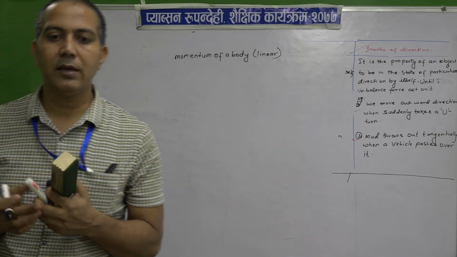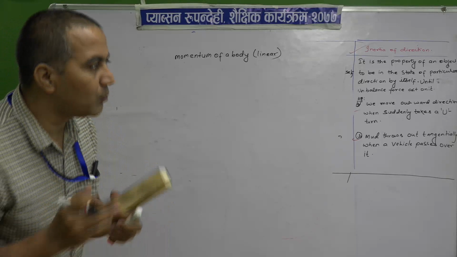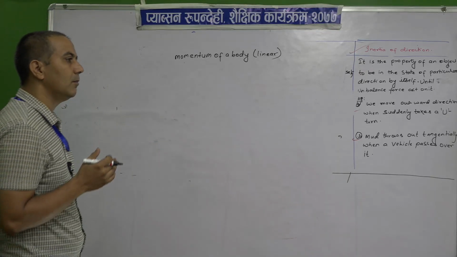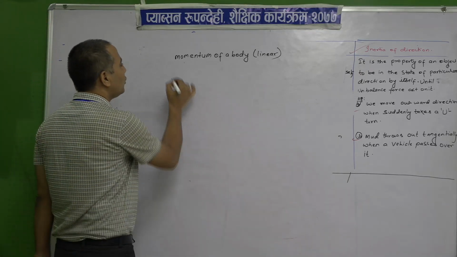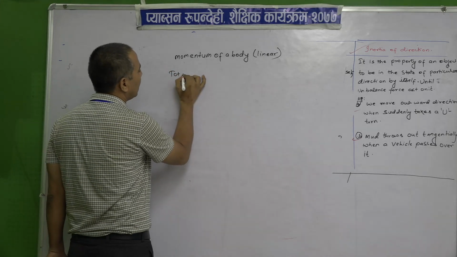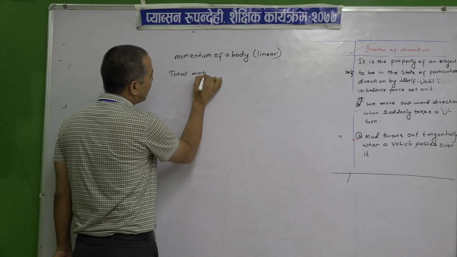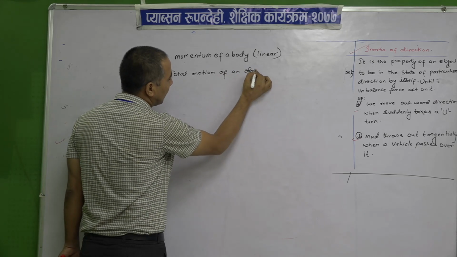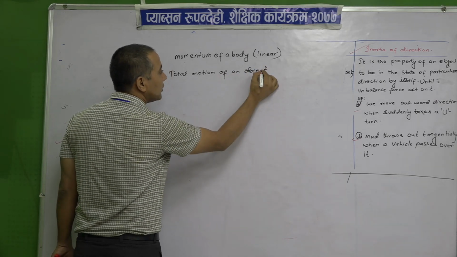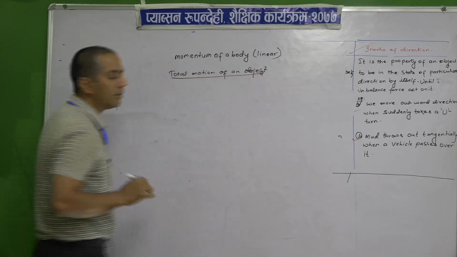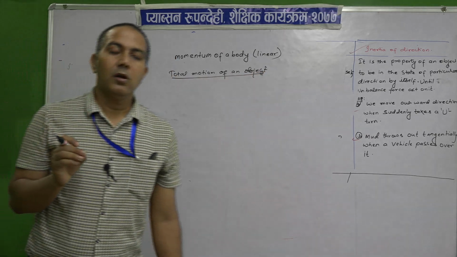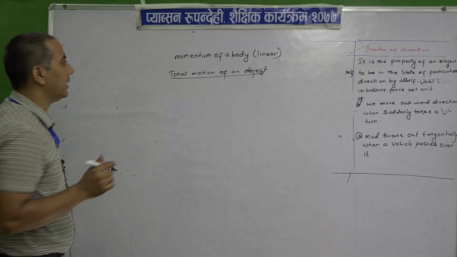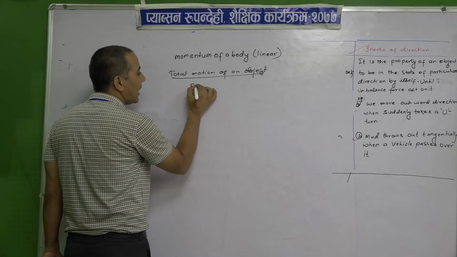So what is momentum then? It is the total motion of an object. So how is the total motion calculated?